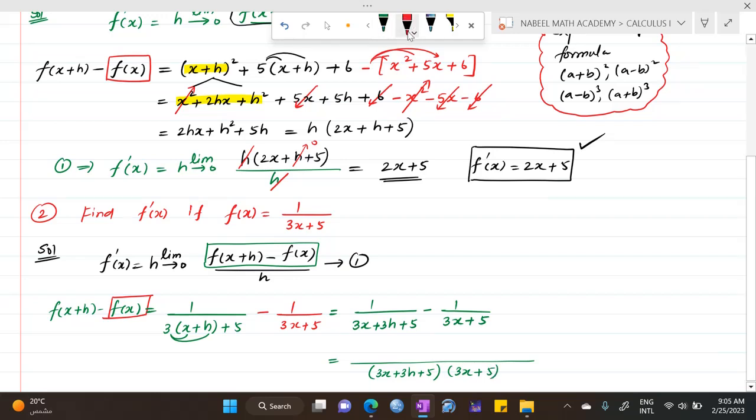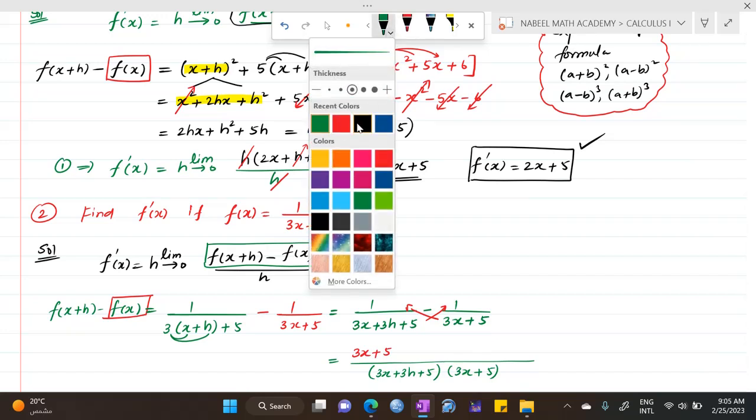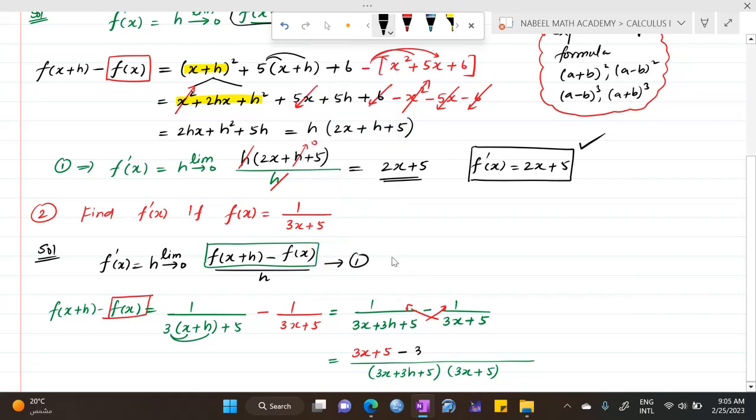Now if you cross multiply, what will you get? This is with the 1 and this is the term, 3x plus 5. Now I have to multiply this term with each and every term, so you have to multiply the minus with each term. So it is minus 3x minus 3h minus 5, because you have to multiply this minus for all these terms. Now it gets cancelled.